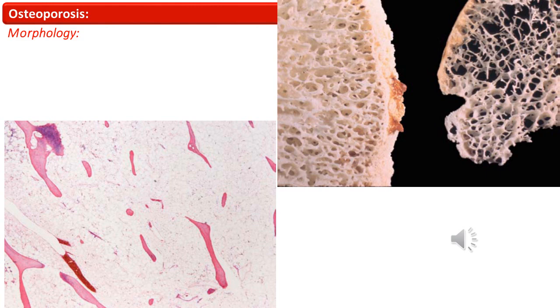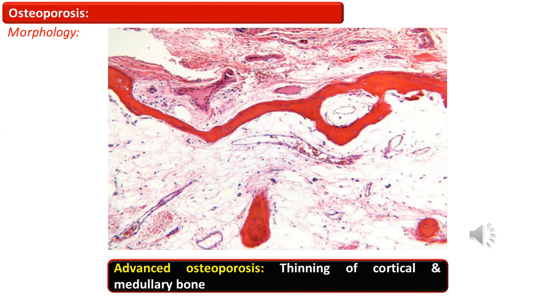So these are the basic differences between active and inactive osteoporosis, which are histologic categories. As the lesion advances, both the cortical and trabecular bones are affected and very much thinned.